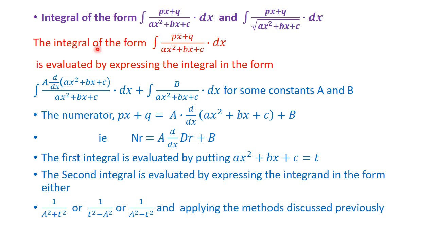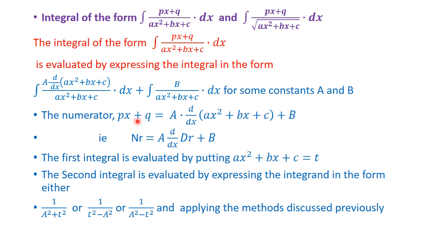Then we have to express this integral in the form: integration of a into the derivative of the denominator upon ax square plus bx plus c dx, plus integration of b upon ax square plus bx plus c dx, where a and b are constants. We have to find out this a and b first. How can we find it?